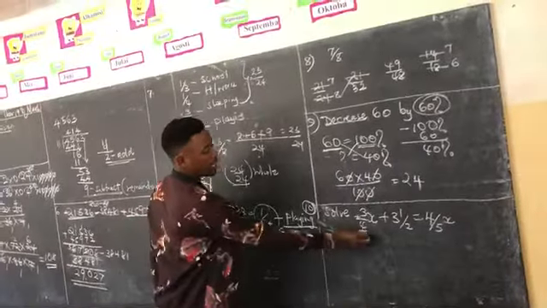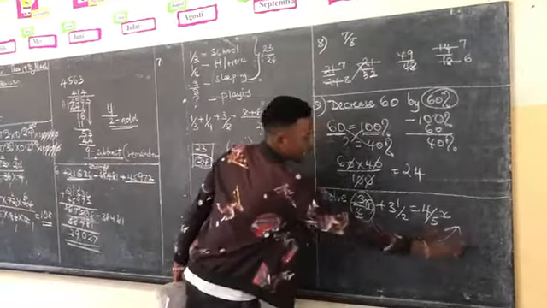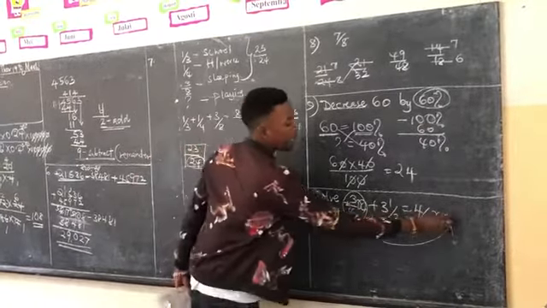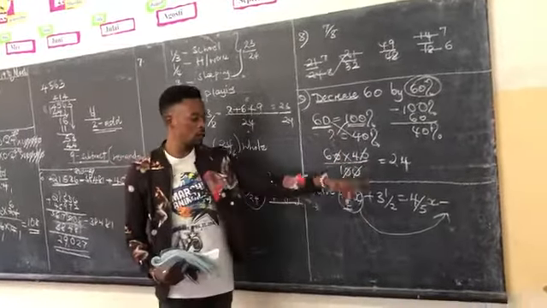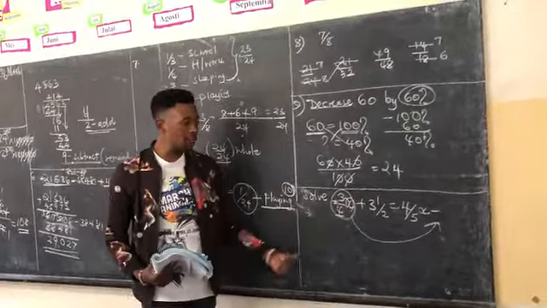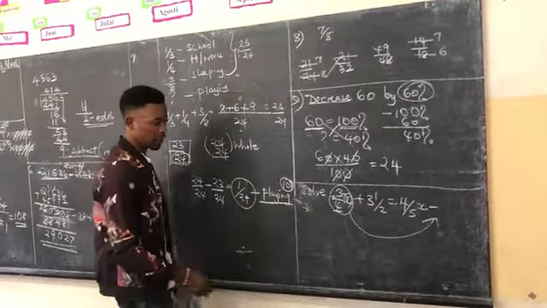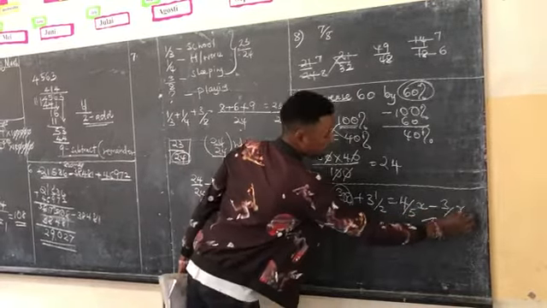So we shift it to the other side where there is x. When we shift it to the other side, the positive sign becomes negative. When a positive sign crosses the equal sign, it becomes negative, and when a negative sign crosses the equal sign, it becomes positive. So this will be minus 3/4 x.